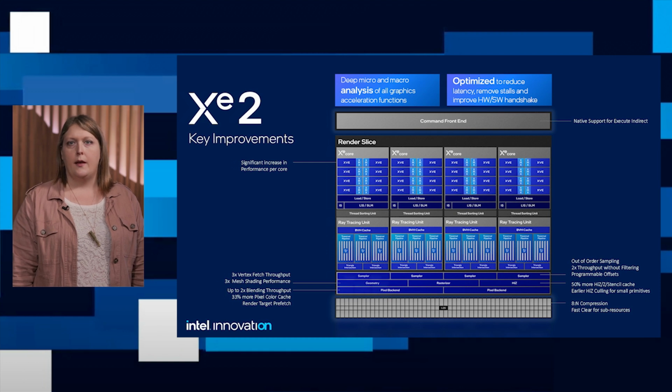The pixel color cache has been increased from 12 kilobytes to 16 kilobytes per pixel backend for better memory bandwidth utilization and improved latency to memory. Xe2 can prefetch render target data in L2 caches to reduce overall latency and stalls further.